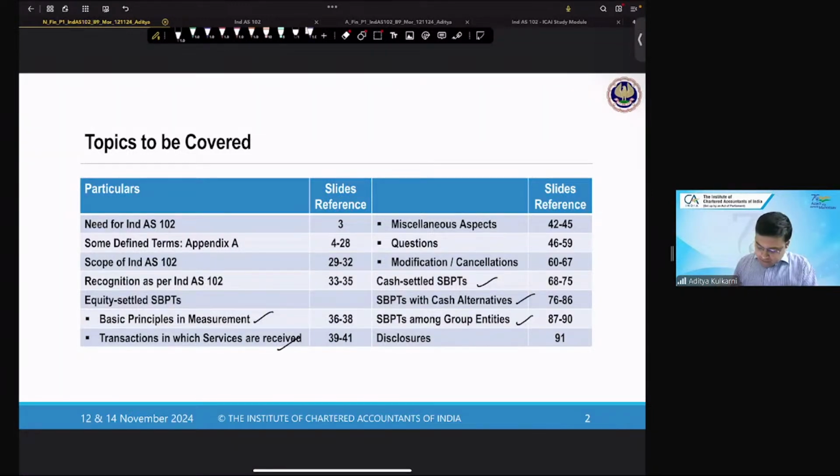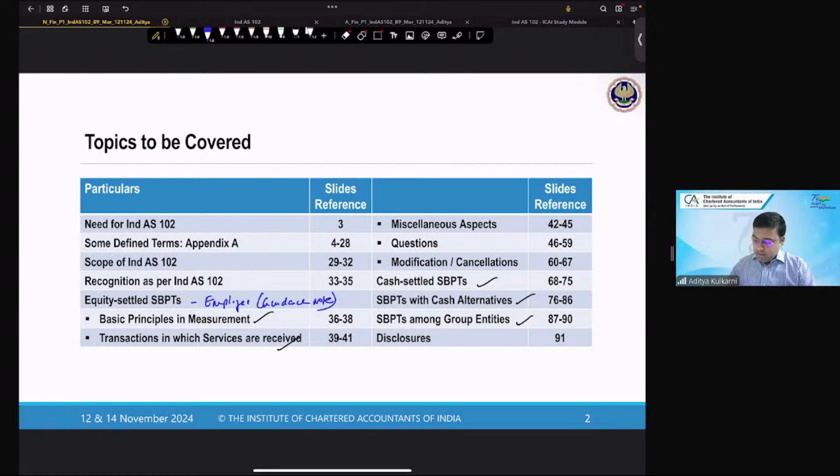Among these, equity settled SBPTs from an employee perspective is something that we will focus a lot on. But this was also covered under the guidance note, so you will find a lot of parallels between what we study here and what has already been studied there.